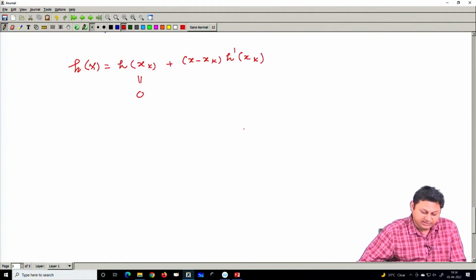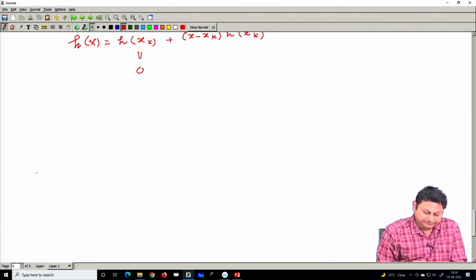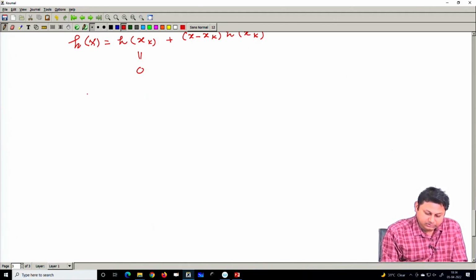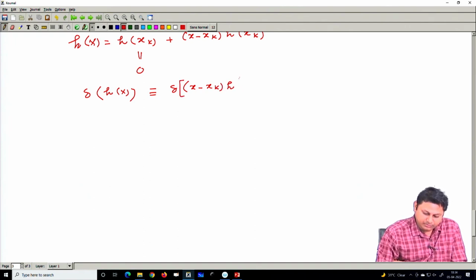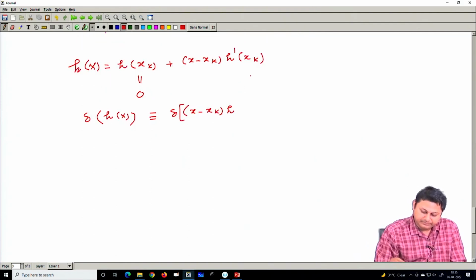If this point vanishes, then we can have delta of h of x is equivalent to delta of x minus xk multiplied by h prime at xk, this one.